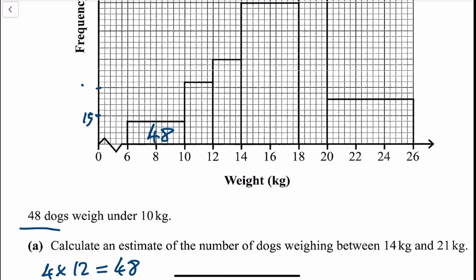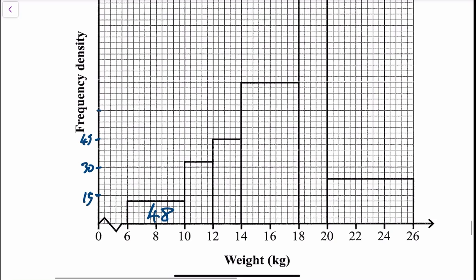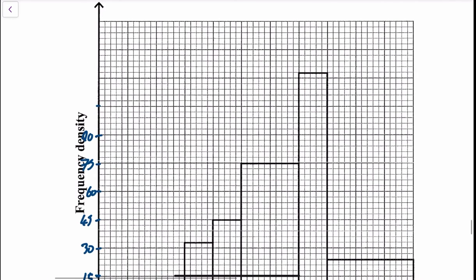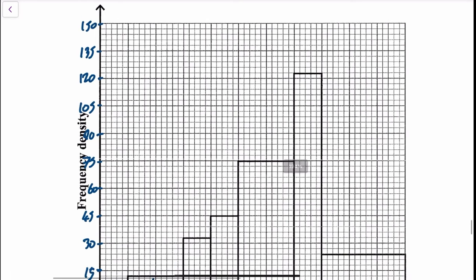Another 5 boxes is going to take you up to 30, up to 45, up to 60, up to 75, up to 90, up to 105, up to 120, up to 135, up to 150. So that's what we've got.